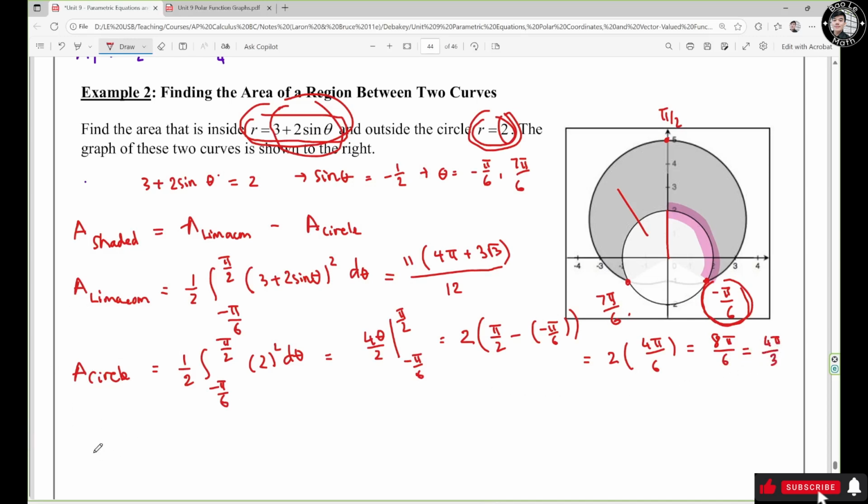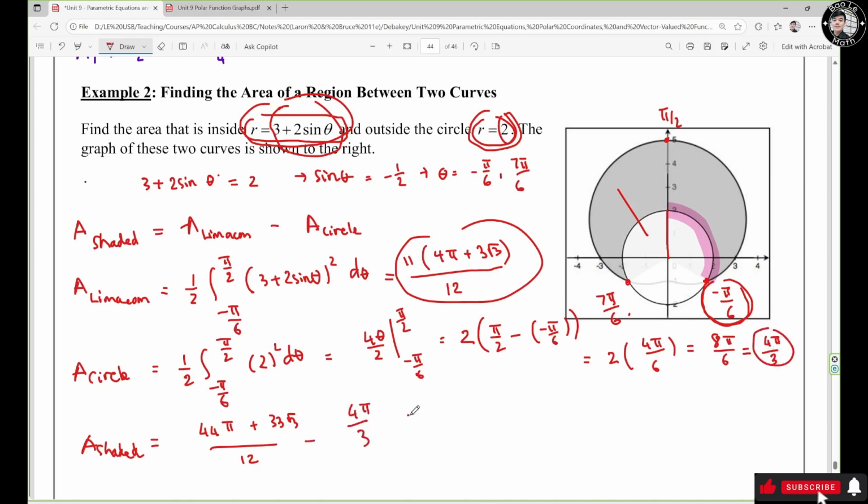Now, the area of the shaded region is this one right here, and distribute this one. So I have 44 pi plus 33 root 3 over 12 minus 4 pi over 3 right here. And multiply the top and bottom by 4.